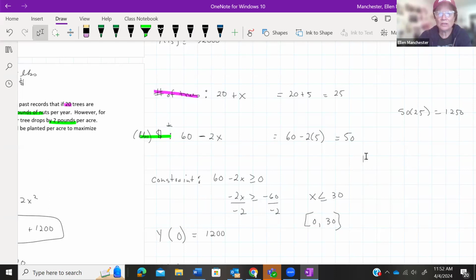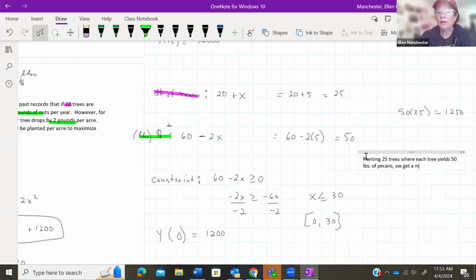The interpretation is planting 25 trees where each tree yields 50 pounds of, I think it's pecans.